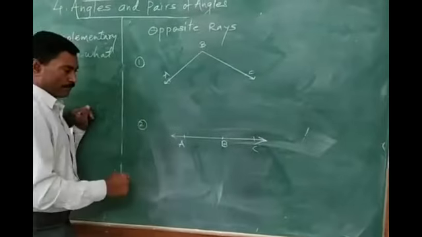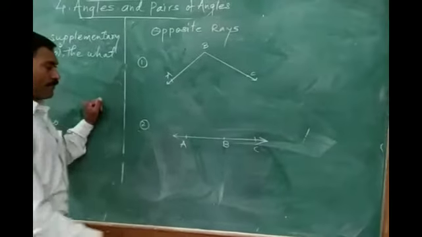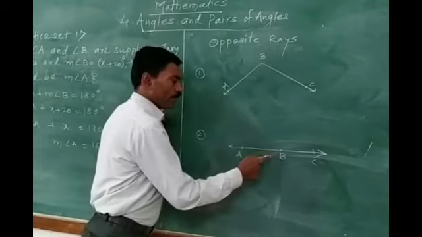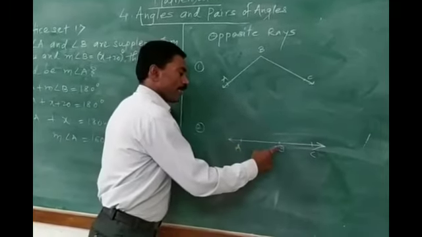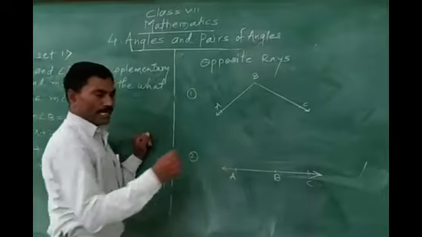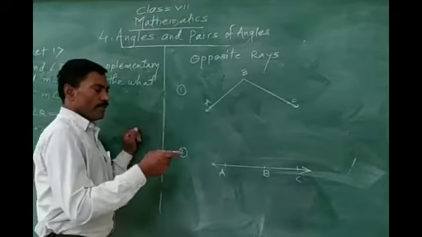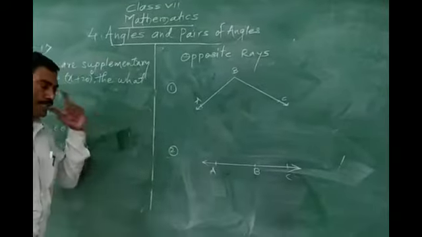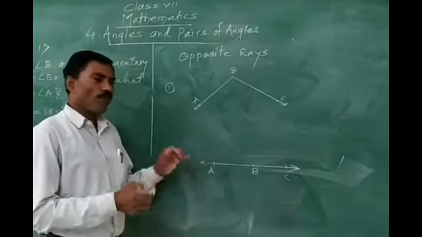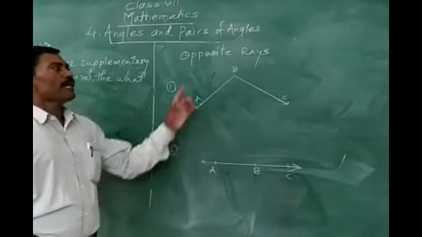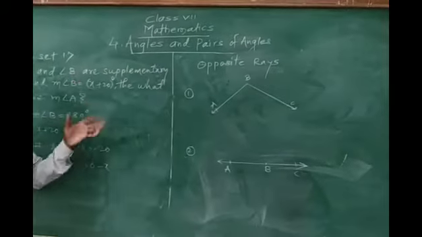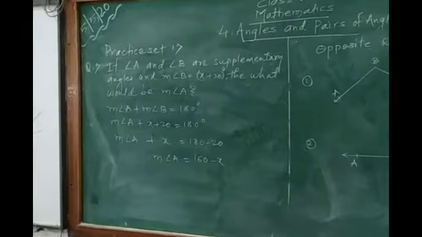Similarly, in the second figure, angle ABC is drawn where B is the origin or common vertex, and the ray BA and ray BC form a straight line, and it has got common origin. When two rays have common origin and form straight line, they are called opposite rays. Now, there are two questions in practice set 18 about the opposite rays we are going to see.